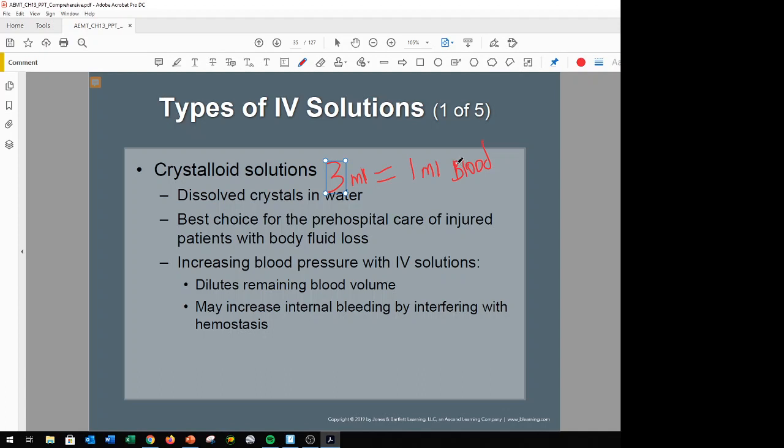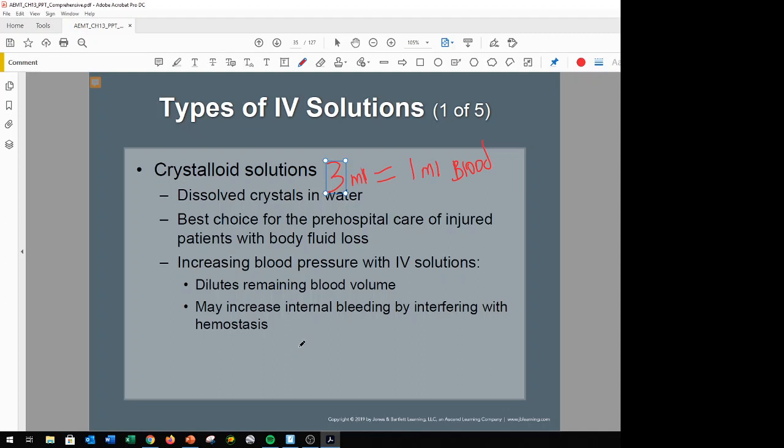Two-thirds of an isotonic crystalloid, isotonic meaning it's equal to the sodium inside the cell, will leave the vascular space in 1 hour.